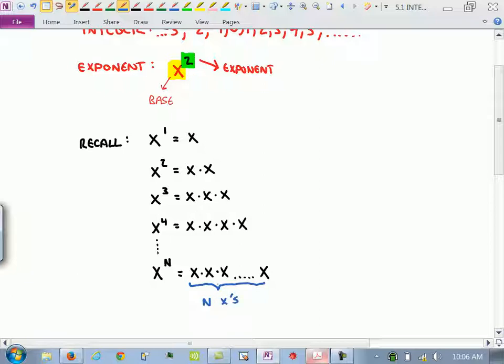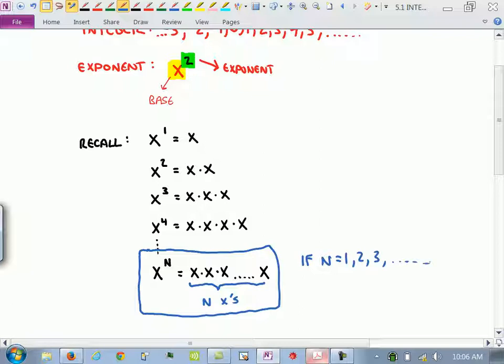Wouldn't that be n x's? So if it was x to the 10th, it would be 10 x's, right? x to the 20th, 20 x's multiplied. x to the n would be n of them. I don't know what n is, but it would be n of them, right? That's the general formula for raising x to a power, if n equals 1, 2, 3, forever.